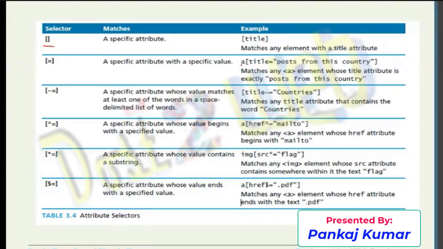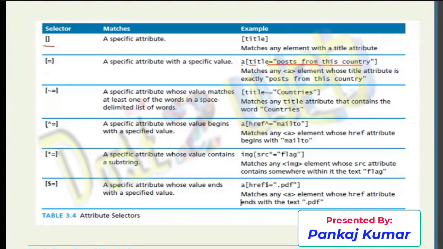That means for a hyperlink, title is equal to post from this country, and you write it. So whenever that hyperlink is there, it will be styled. If you use the tilde symbol, the specific attribute matches at least one word in the space-delimited list, that means countries. Wherever countries is there, that attribute will be matched.